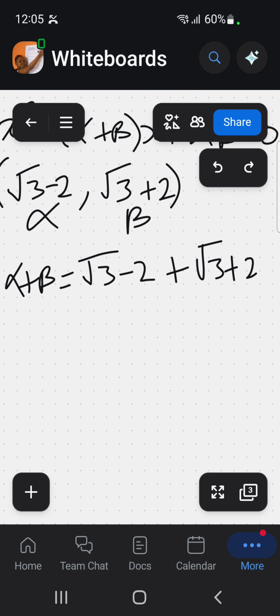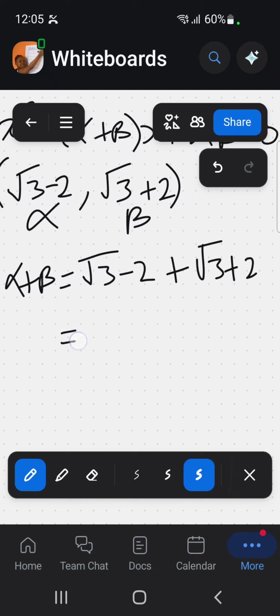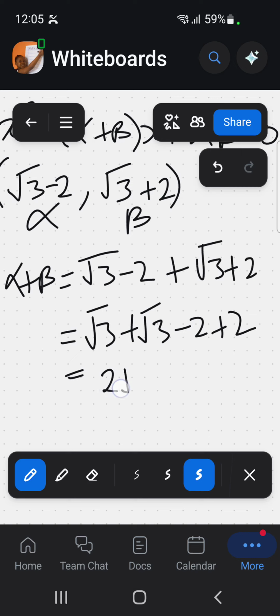So we can rearrange: root 3 plus root 3, and negative 2 plus 2. Root 3 plus root 3 gives you 2 root 3. Then negative 2 cancels out positive 2. And so this is the sum of roots.